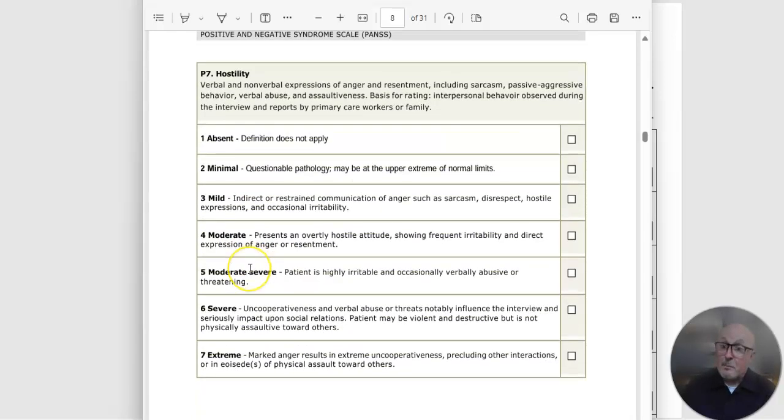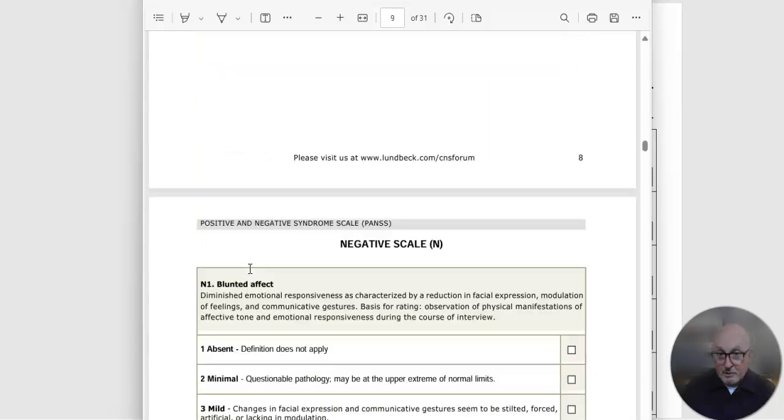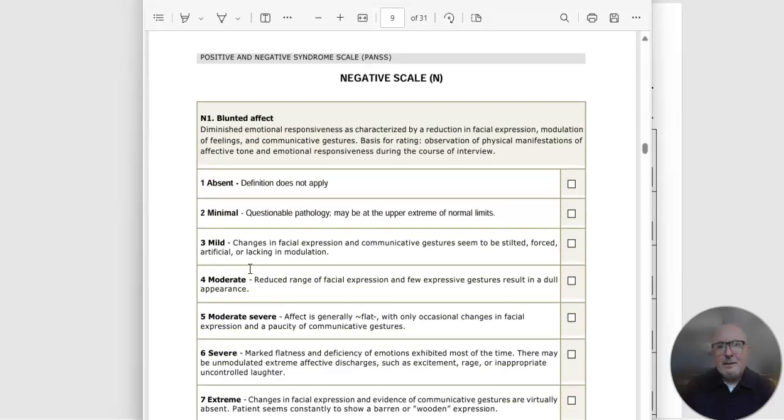But this still is a measure. It can be present in some folks. And then again, now you see the negative scale. So before that, it was more the positive scale, if you will, the things that we see in addition to what's more common. And now this negative scale is, again, looking at what's not present. So again, the absence of.